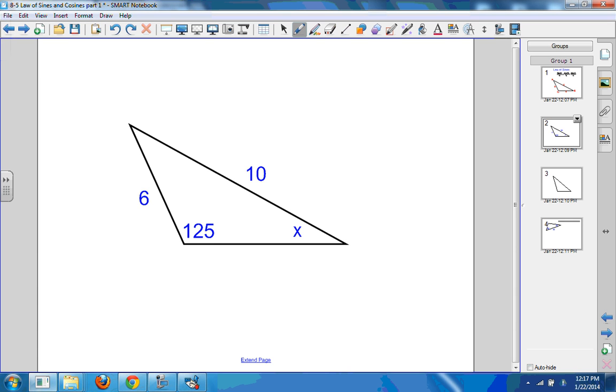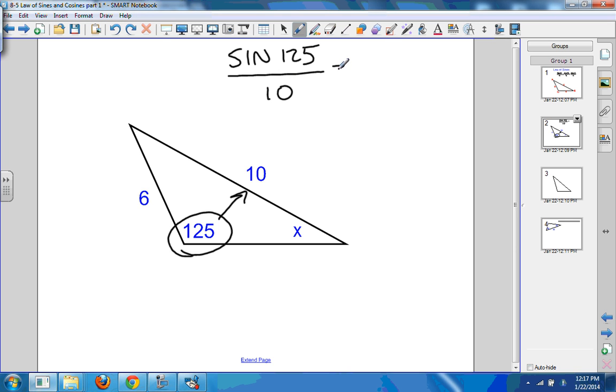We can say that the sine of the angle, sine of 125, over the side opposite it, so over 10, is equal to the sine of any other angle in the triangle, so in this case sine x, divided by the side opposite of it, 6.